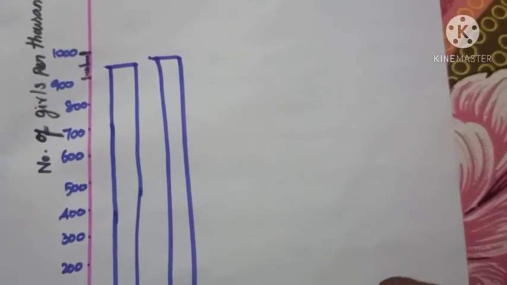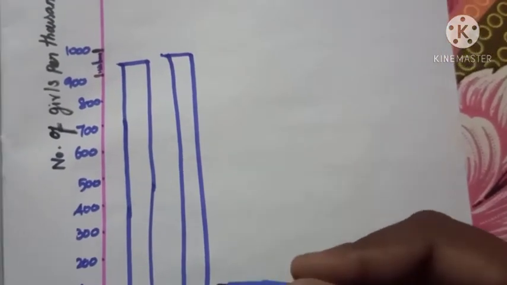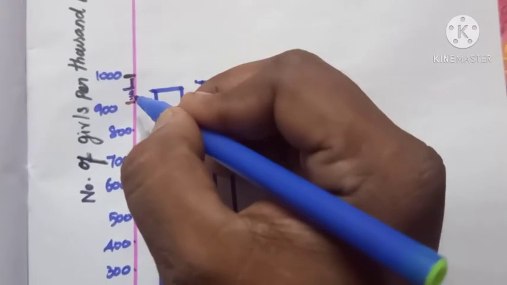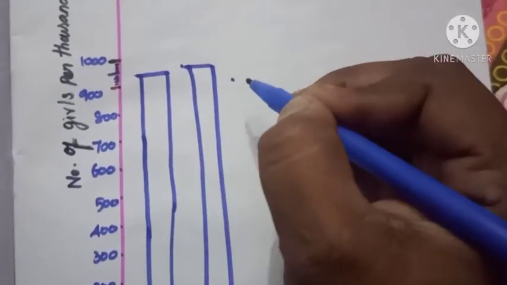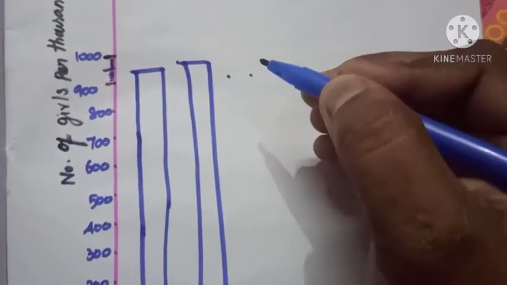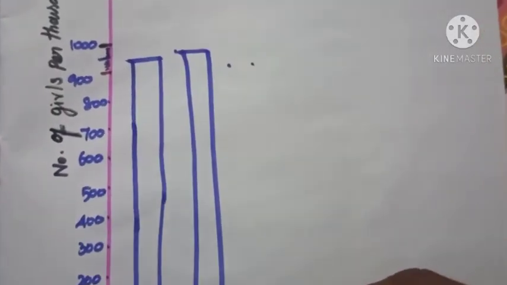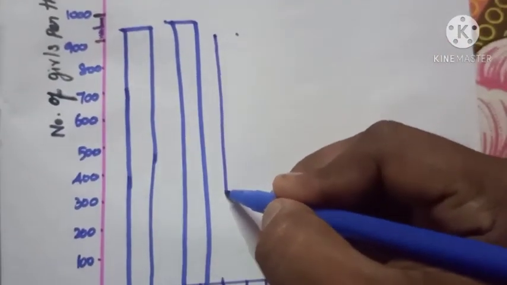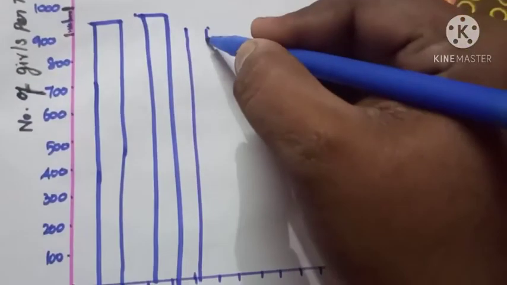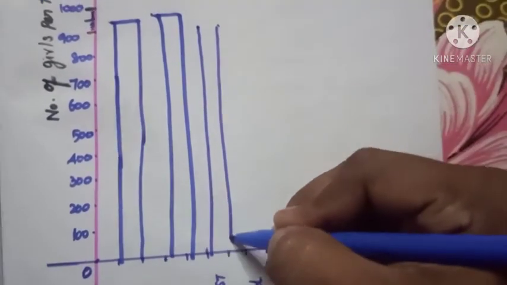Okay, next one: non-SC/ST is 920. So 910 and 920 is here. By using a scale you can join it as a graph.